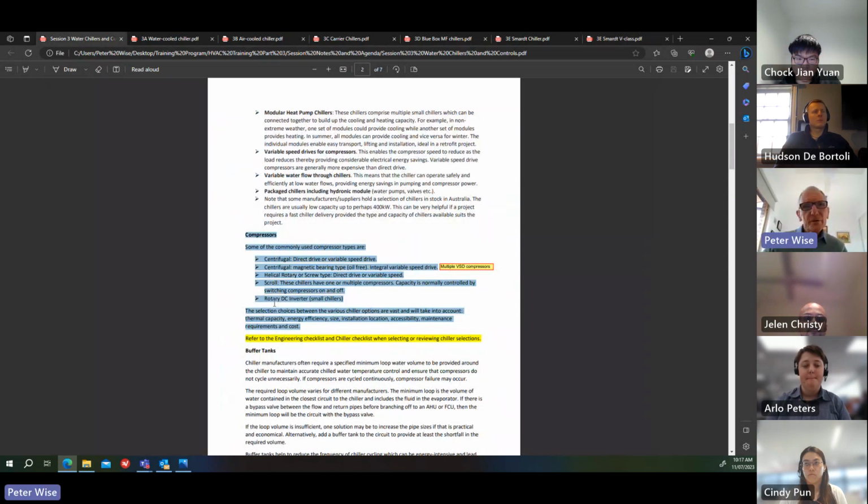You can also get rotary DC inverter for small chillers, but they're pretty uncommon. So the selection choices between the various chiller options are vast and take into account thermal capacity, energy efficiency, size, location, accessibility, etc., maintenance requirements, and of course the cost.